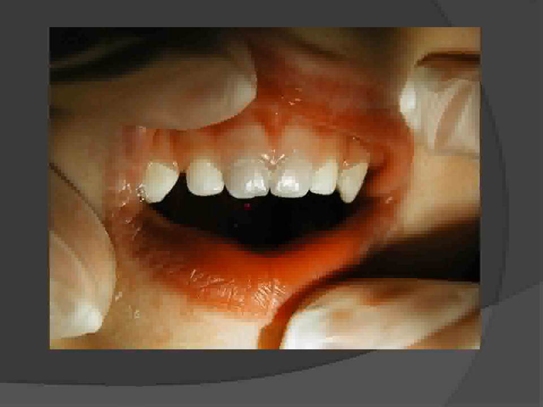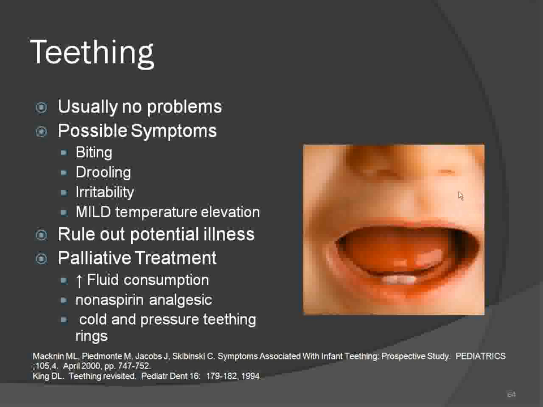Now, another topic that people ask a lot about is teething. The medical professional looking at the child's teeth may get questions about teething. It's not uncommon to have some irritability, some abnormal biting when a child is teething, maybe even a mild temperature elevation. However, if the child is showing symptoms such as a fever over 104 degrees, diarrhea, vomiting, things like that, the child is probably truly sick.